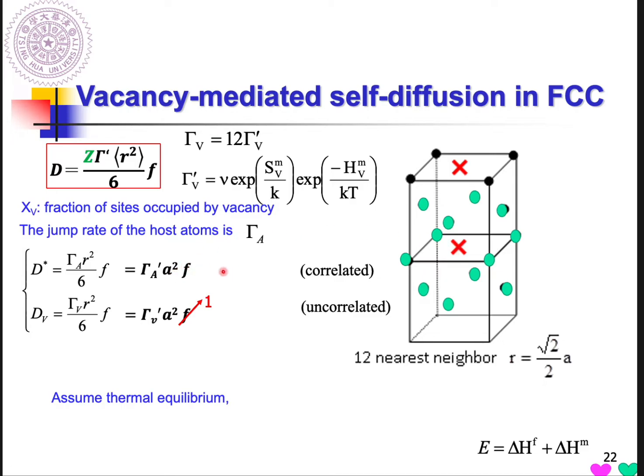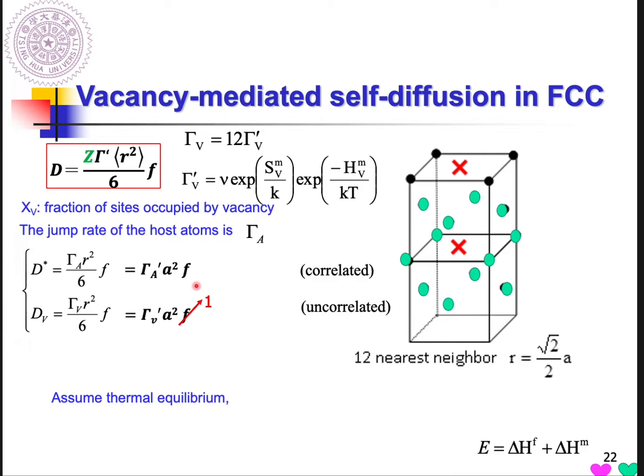So F is not equal to 1. It will be a correlated jump. So we need to leave F here.